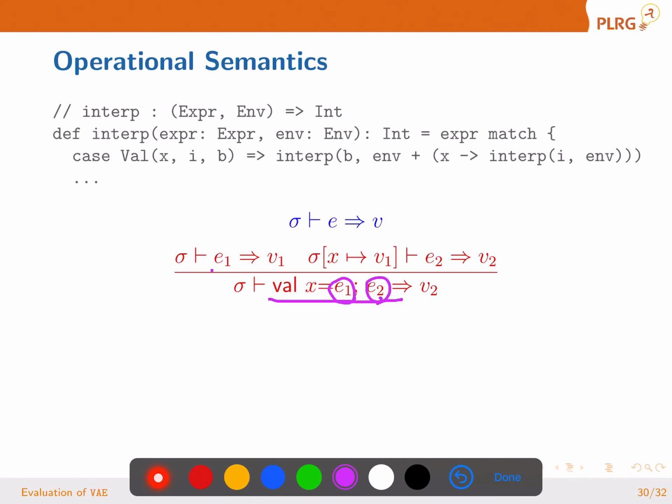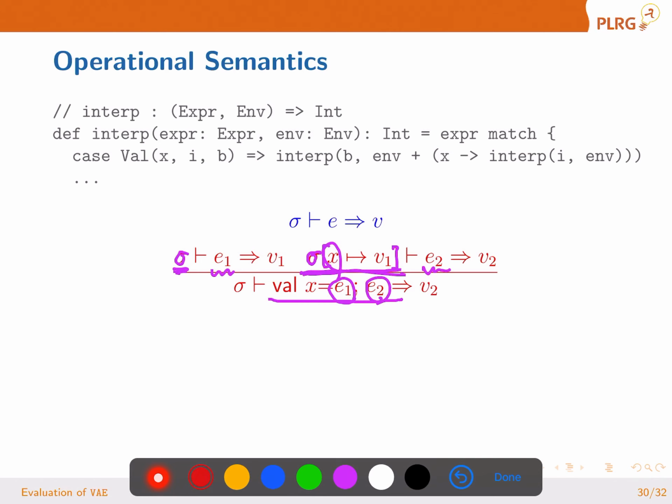When we evaluate E1 and when we evaluate E2, we use two different environments. How are they different? They share the same part, and the second environment has one more piece of information about x's value.